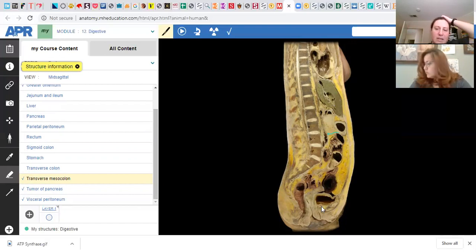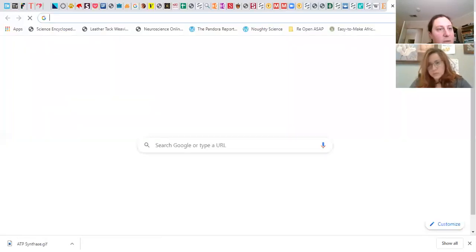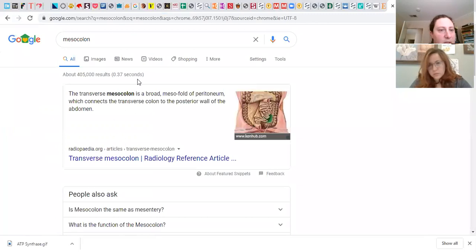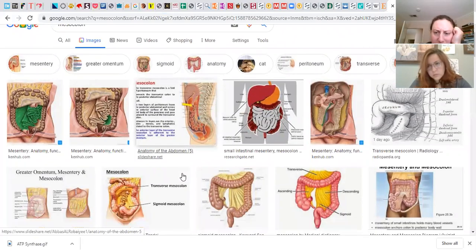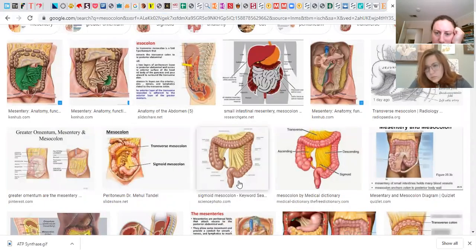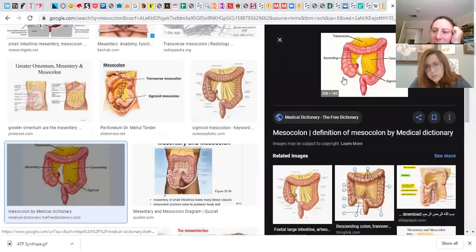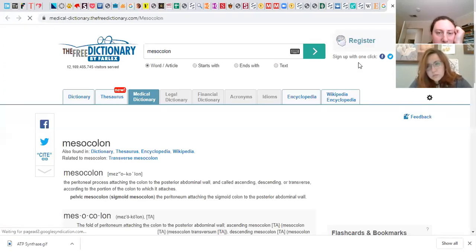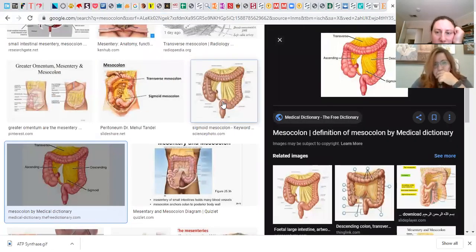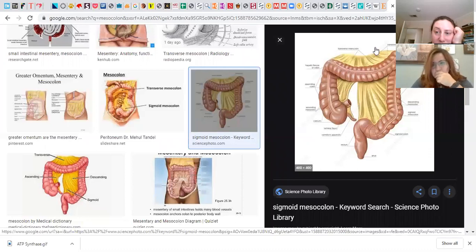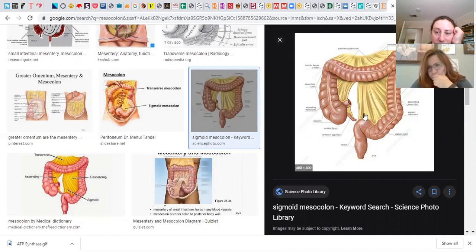So this is the only mesocolon that they actually have. This is why I give you guys a lot of pictures of this too, because it's so hard to picture. Anyway, if you look at these pictures of it, there's mesocolon for the whole colon: ascending, transverse, descending, and sigmoid.